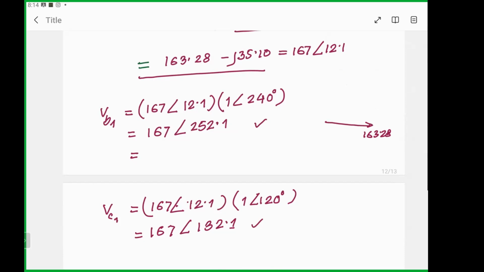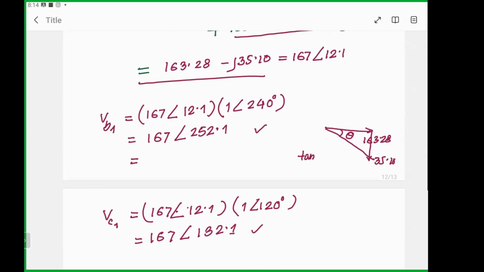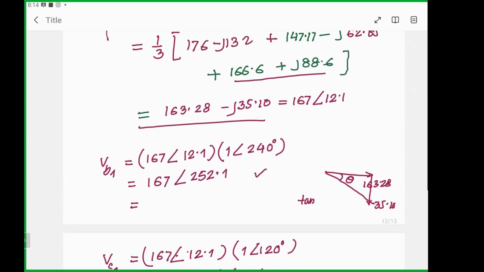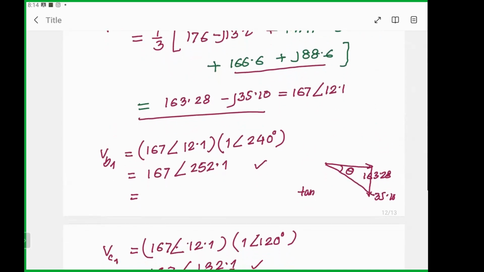So that will give me in this direction minus 35.10, and then this is the angle we are getting, theta. So tan inverse, negative. That looks like a negative angle, but in the calculator it is giving you positive.